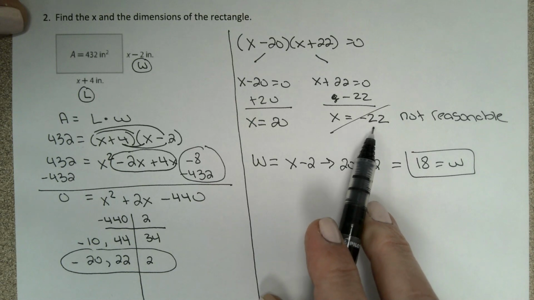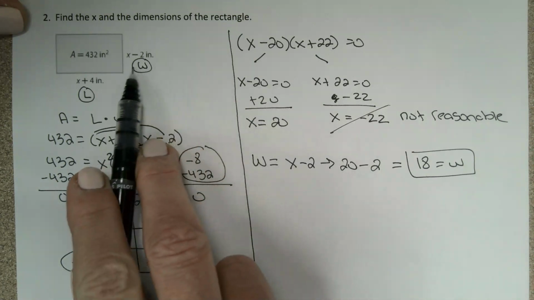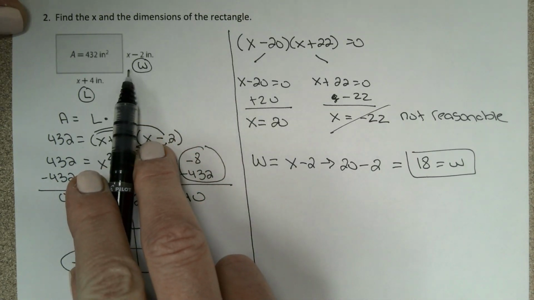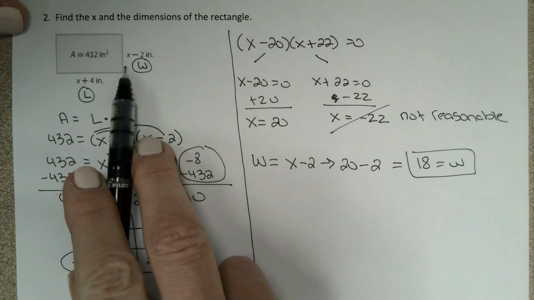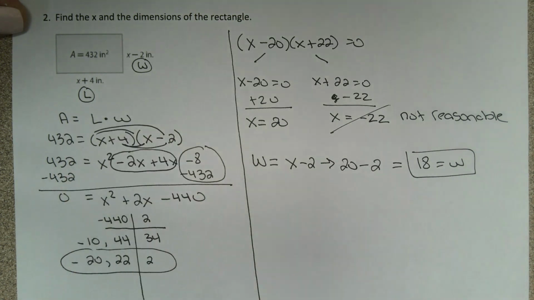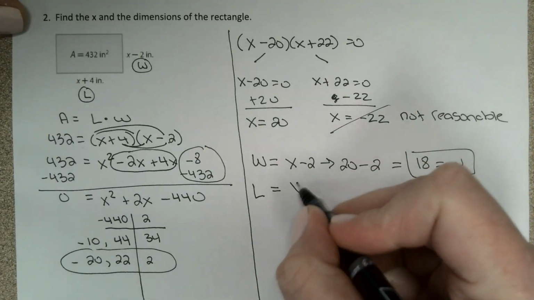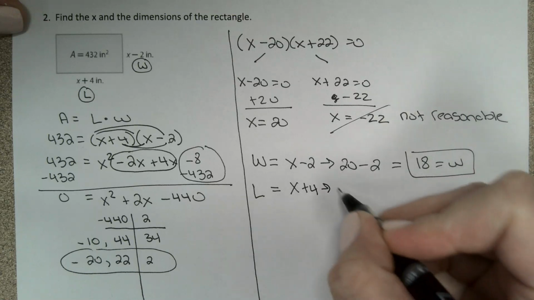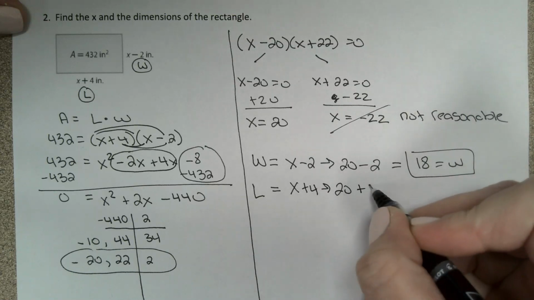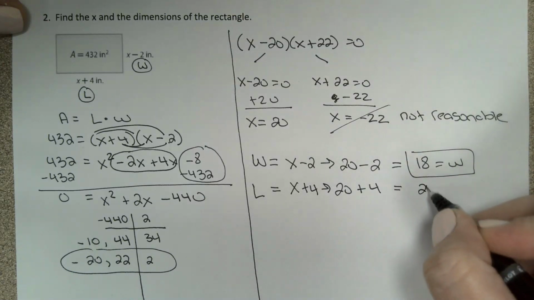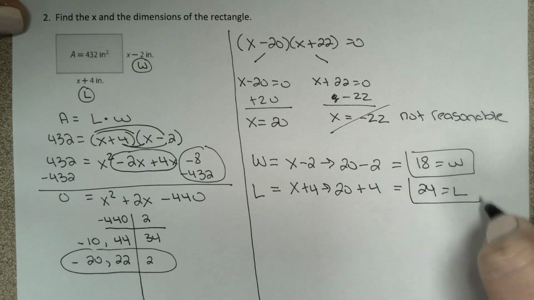It's not that it wasn't reasonable immediately, it was that it wasn't reasonable when I plugged it in. So you have to make sure you plug it in and check out the numbers. The length is x plus 4, so when I plug 20 in for x, I get 24 for the length.